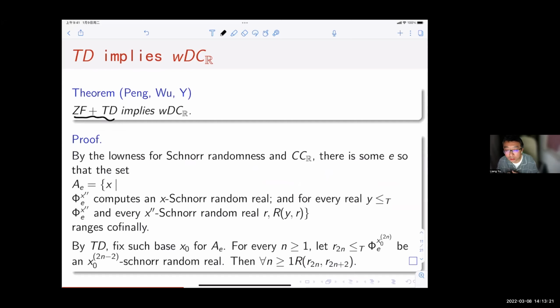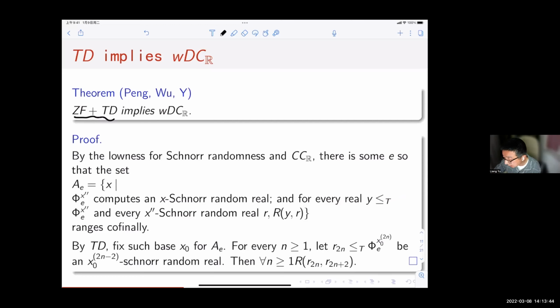There are only countably many reals low for Martin-Löf random, but there are uncountably many reals low for Schnorr random, and it has a perfect subset. That's a very good thing, and this advantage allows us to use lowness.